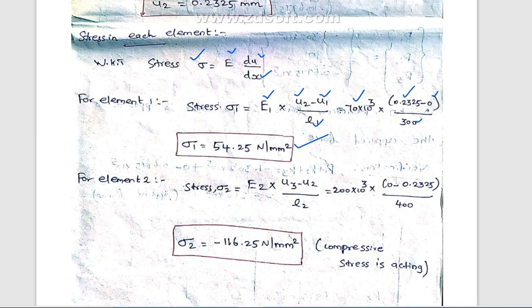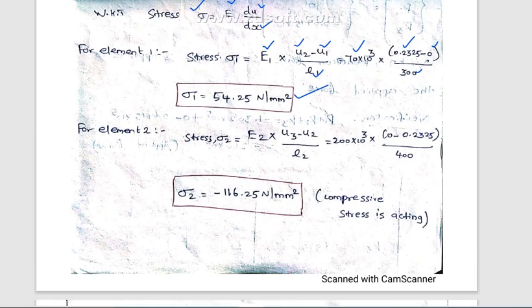Similarly, the stress for element 2 is E into U3 minus U2 divided by L2. The Young's modulus for element 2 is 210 power 3. The displacement at U3 is 0. The displacement at nodal point 2 is 0.2325. The length of element 2 is 400.